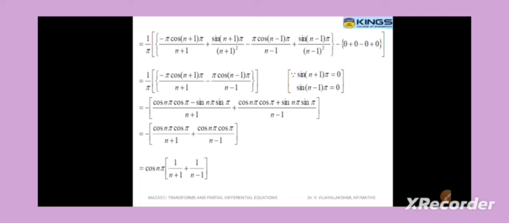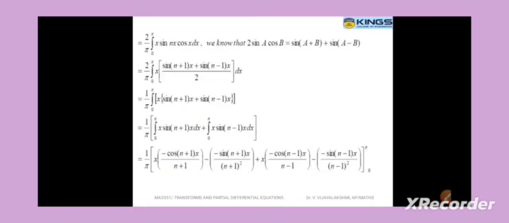Now you have to replace x equal to pi, that is the upper limit: minus pi cos((n plus 1) pi) divided by (n plus 1) plus sine((n plus 1) pi) divided by (n plus 1) the whole square, minus pi cos((n minus 1) pi) divided by (n minus 1) plus sine((n minus 1) pi) divided by (n minus 1) the whole square, minus of, similarly, you have to replace x by 0, that is the lower limit.